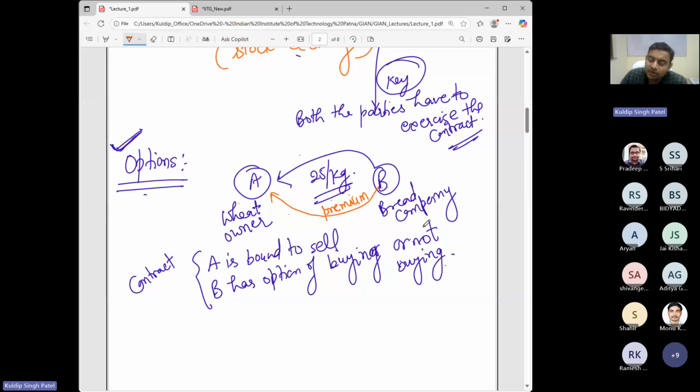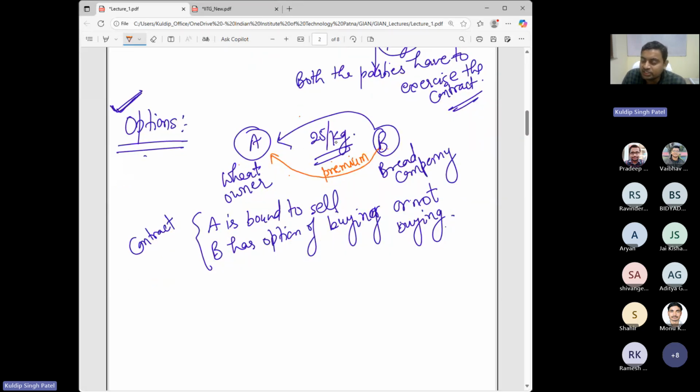When B will not buy: suppose the price is 20 rupees per kg, then B will not buy from A because B has fixed 25 rupees per kg. Okay, no problem, you don't buy. I have the premium; you have already paid me the premium. And if the price in the market is suppose 27 rupees per kg, then B will say, okay, I'll buy from you at 25 rupees per kg.